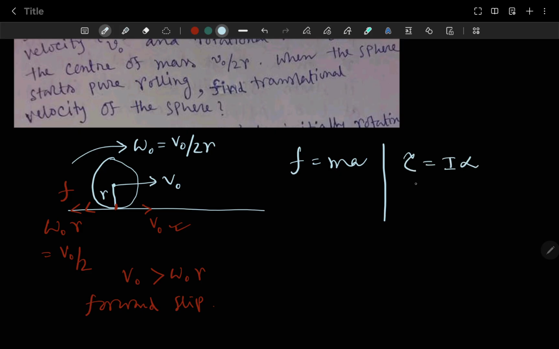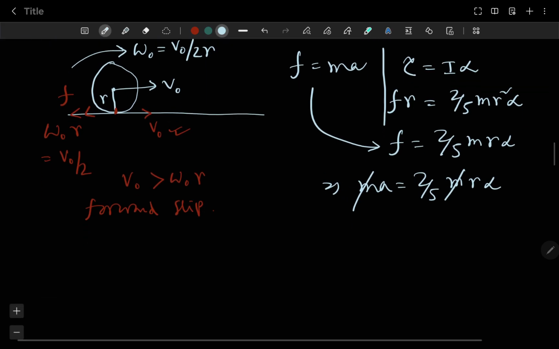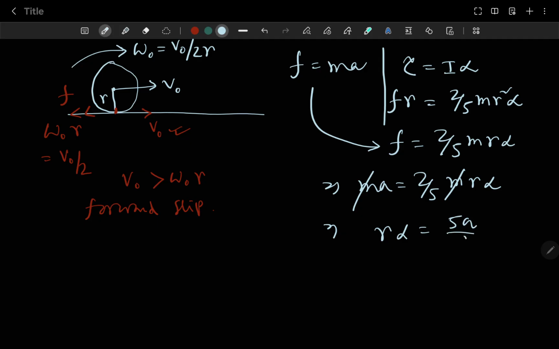Now friction creates the torque, so torque is Fr about center of mass, and I, this is a solid sphere, is 2 by 5 mr square alpha. So F is 2 by 5 mr alpha. Now put this thing here, so I get ma equals 2 by 5 mr alpha. So m cancels out, I get r alpha equals 5a by 2.